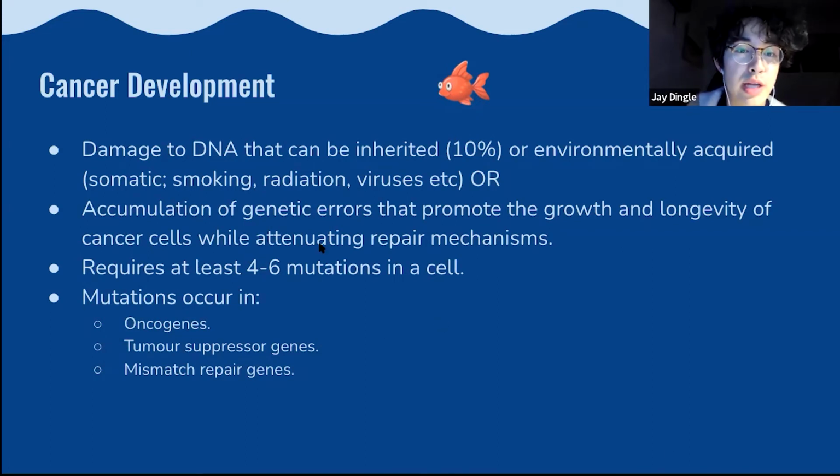Usually in terms of genetic errors or mutations, we require at least 4 to 6 in a cell. It would be incorrect to think that one mutation can cause cancer. It's a result of multiple mutations. These mutations can occur in oncogenes, tumor suppressor genes, or mismatch repair genes. We'll go into a bit of detail about each of them now.